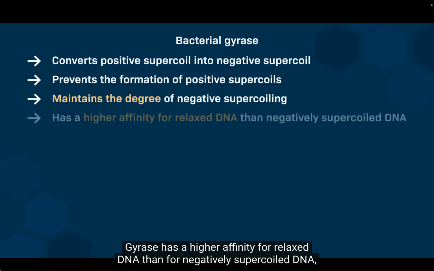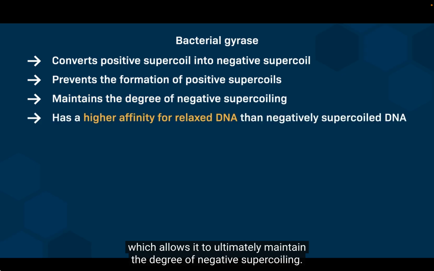Gyrase has a higher affinity for relaxed DNA than for negatively supercoiled DNA, which allows it to ultimately maintain the degree of negative supercoiling.